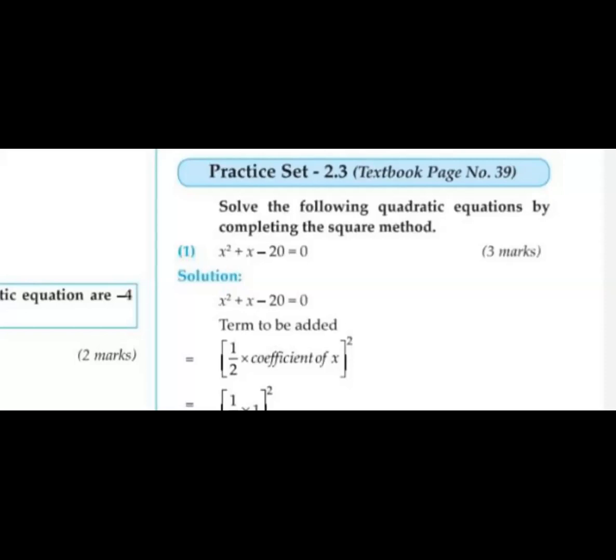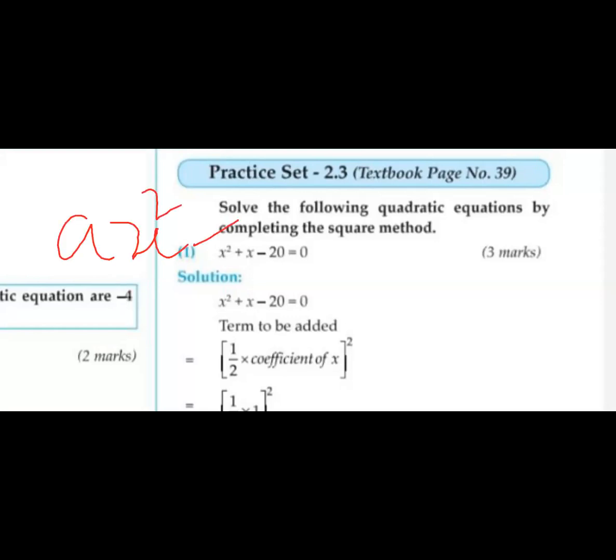Now see, one more thing I want to share with you. In a quadratic equation there are three terms: ax square plus bx plus c equals to 0.